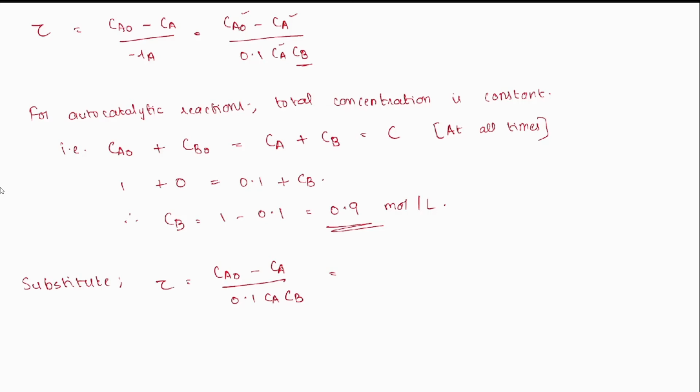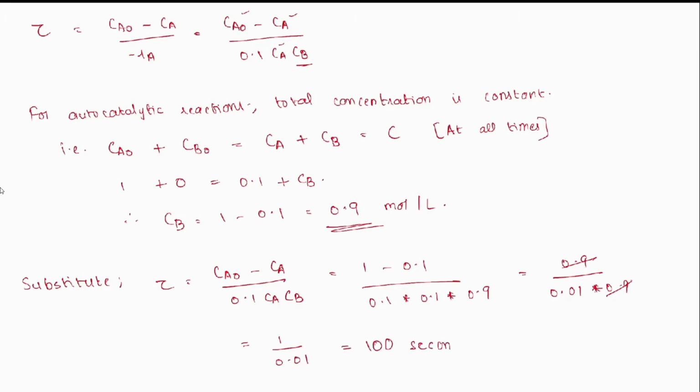Now we have all the values required to find the space-time. We just have to substitute it and find the space-time. So the final space-time will come out to be 100 seconds.